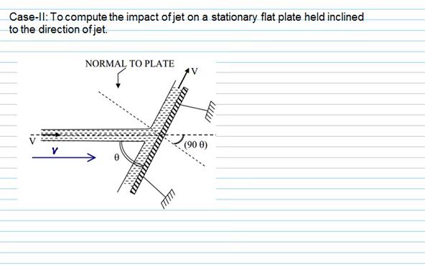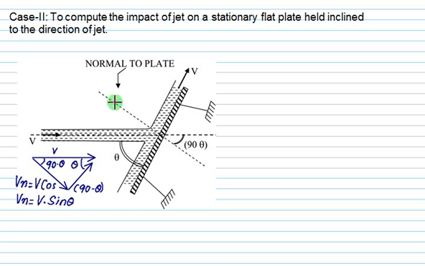One component will be perpendicular to the plate, that will be normal, and the other is perpendicular to this, so that the vector is the same. So this angle will be theta, this will be 90 minus theta, so this component will be v cos of 90 minus theta. But cos of 90 minus theta is the same as sin theta. So this is v times sin theta.